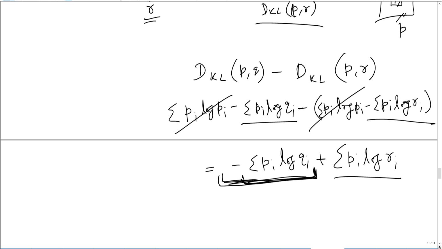This whole term will give you how far model Q is from the truth, and this term will give you, basically the negative of this, how far model R is from the truth.